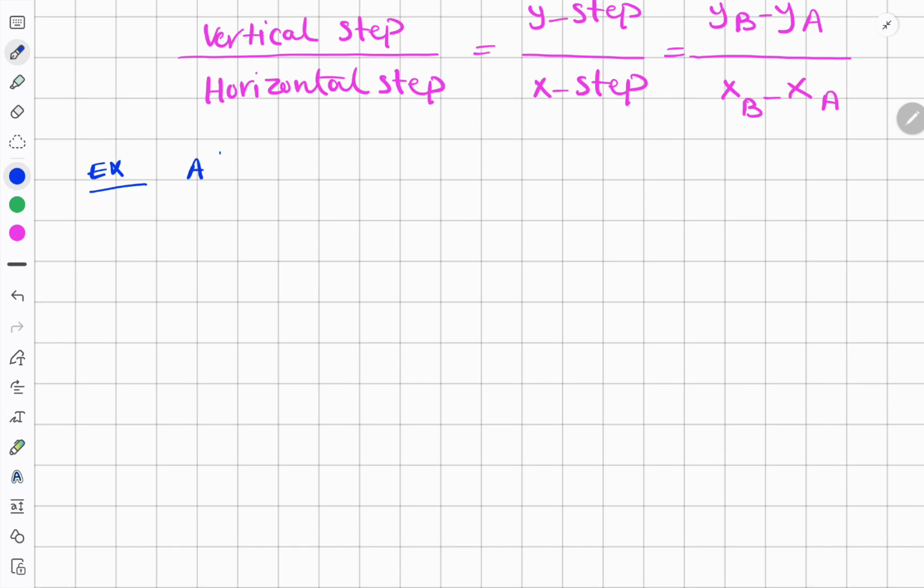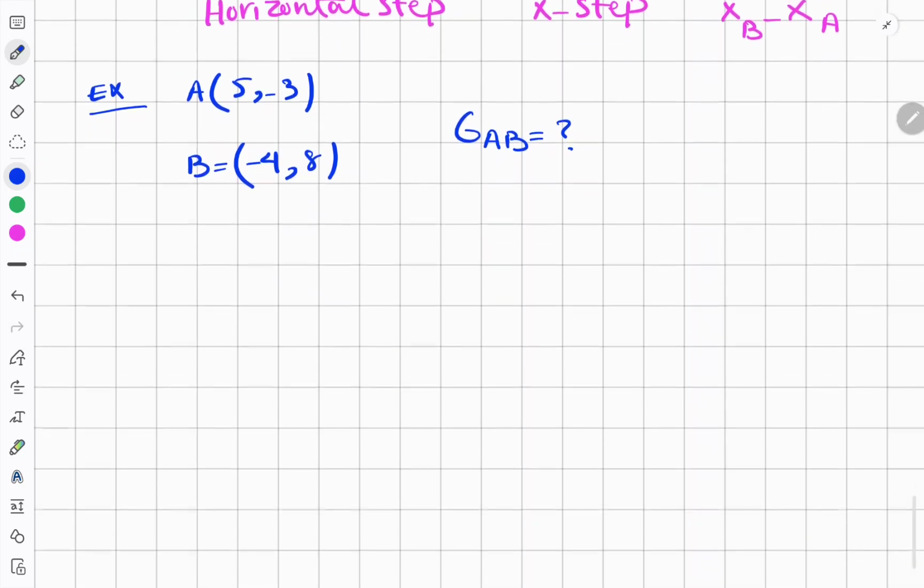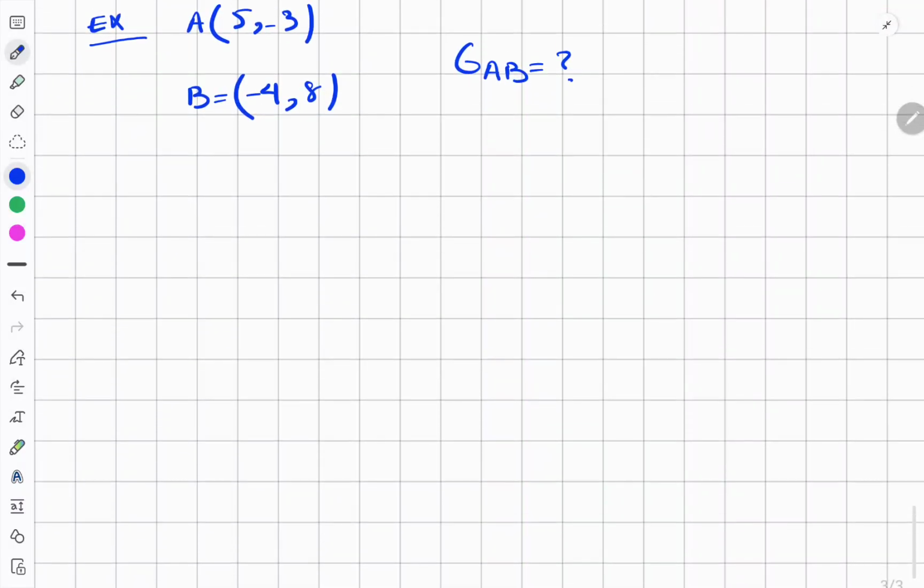We have point A, 5 and negative 3, and point B, negative 4 and 8. And I'm gonna find the gradient of AB. Okay, I'm gonna use the formula and then plot these 2 points to check whether we worked correctly or not.